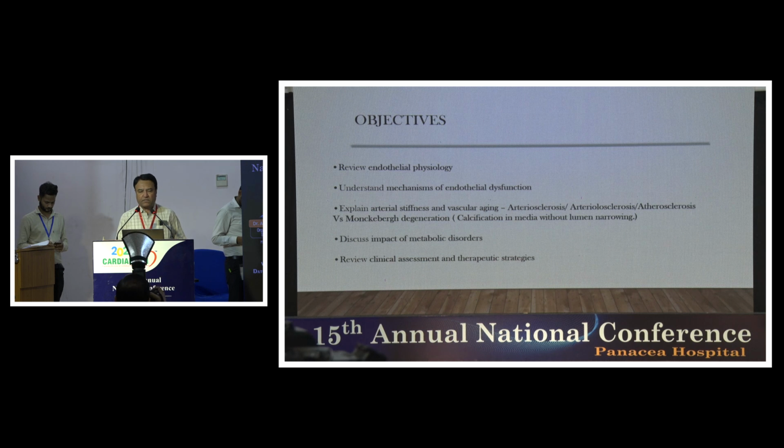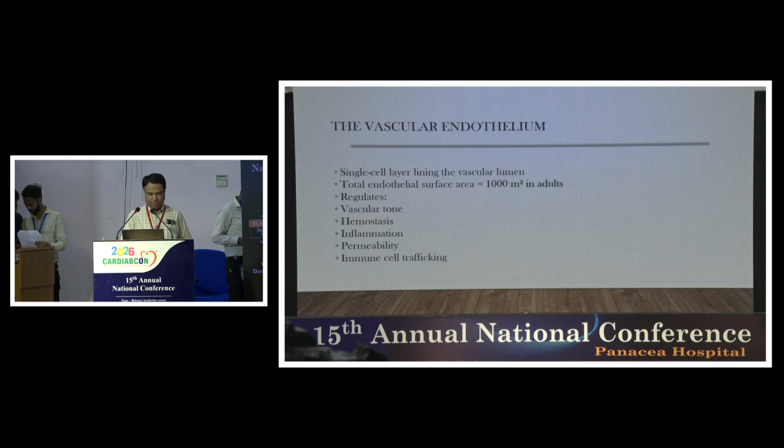We know the stiffness is actually equivalent to blood pressure, because anything stiff will have an impact on pressure, and a concept of vascular aging apart from the chronological age. So we know about atherosclerosis, arteriosclerosis and other degeneration, the impact of metabolic disorders, and we will look into how to clinically assess and what will be the strategies.